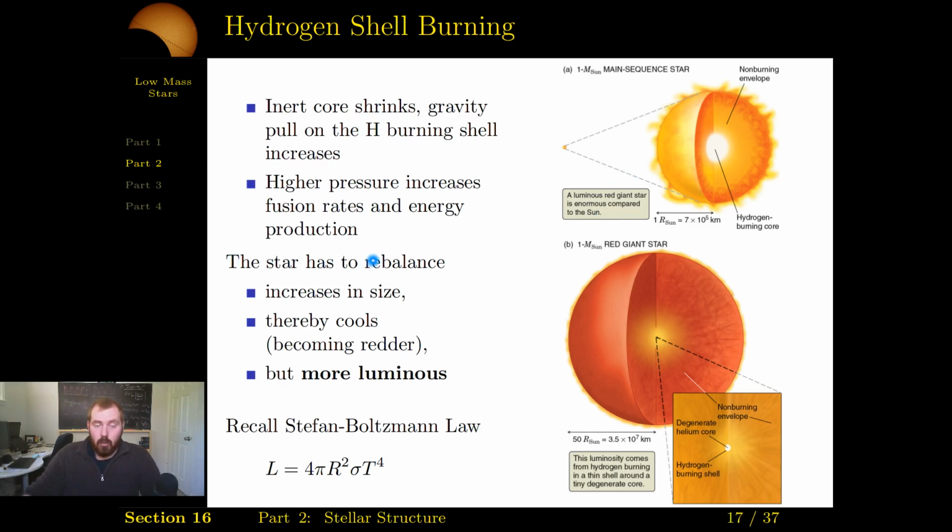The star will basically rebalance. It grows in size. As it grows, it's going to cool off. Let me repeat this. The star grows in size and it cools off. However, just because it's a cooler star, it actually becomes more luminous.